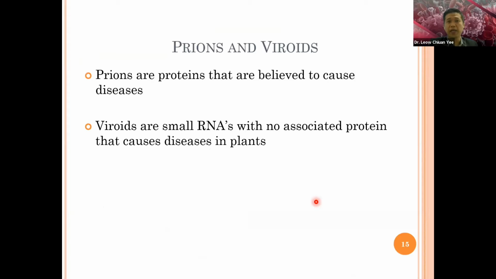Another part I would like to introduce is what we call prions. I think we will see a lot of these words later on when you use a lot of disinfectants. You will ask whether they can be used against a prion or a virus. This prion itself is pretty much similar to the virus form, but instead of being RNA or DNA, it's a very simple protein that is believed to cause disease, which means some protein fragments in the environment that we can't see.